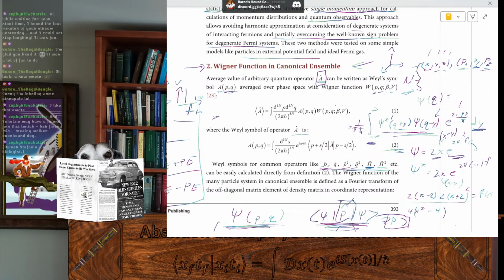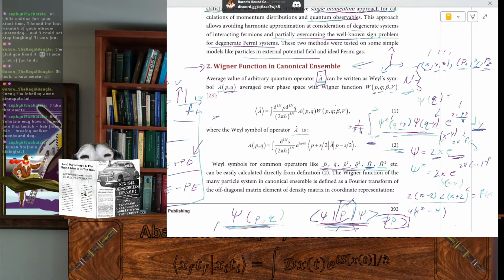It can be something like position. Position is an operator in quantum mechanics. It is the representation of things that are observables, right? So any measurement of something is defined as an operator. So it can be a whole bunch of different things, right? So this is an arbitrary quantum operator, A hat.